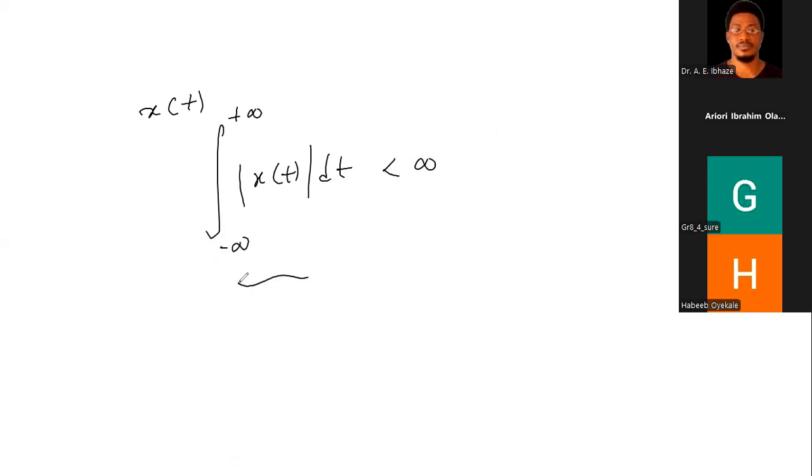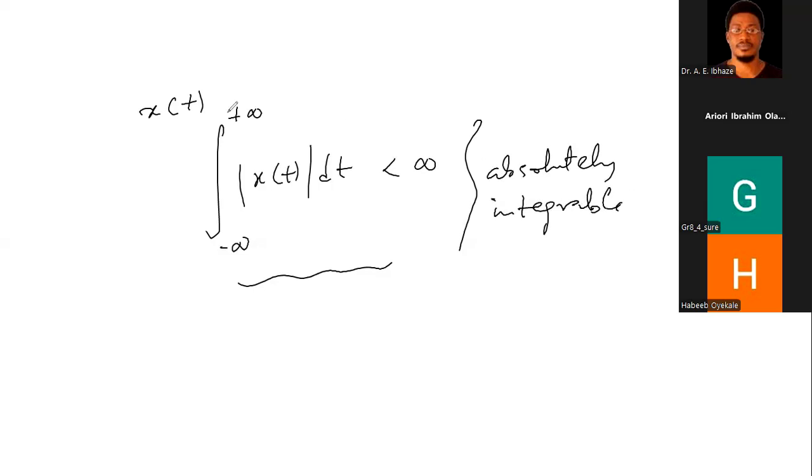So this value must be less than infinity for it to be absolutely integrable. Once you have your signal defined, you take the integral of the modulus of that signal. If it gives you a finite value, then it is absolutely integrable. Is that clear?